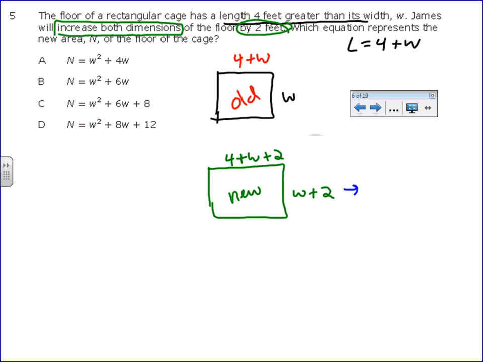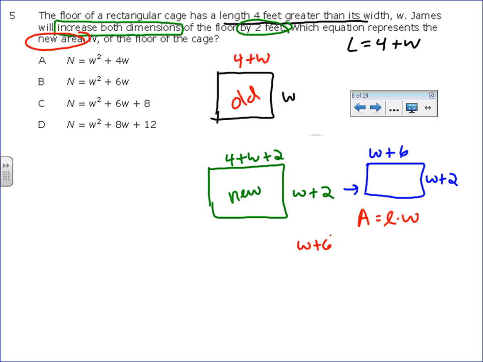That's the same as saying W plus 6 by W plus 2. Well, what's the question asking? What represents the new area? The new area. Okay, well, how do you find area? Area is length times width. So I need to say W plus 6 times W plus 2.